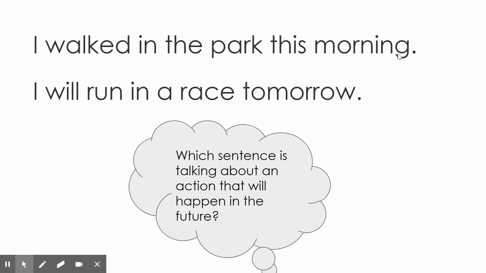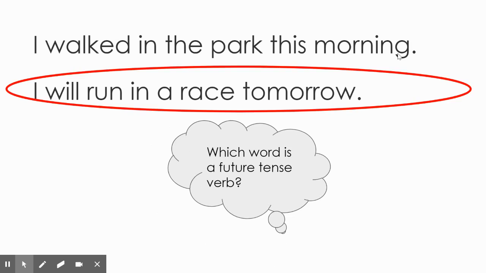It hasn't happened yet, but it will happen. Which one? Sentence number 1 or sentence number 2? That's right, sentence number 2. Sentence number 2 describes an action that will happen in the future. I will run in a race tomorrow. Tomorrow is in the future. I will run tomorrow.